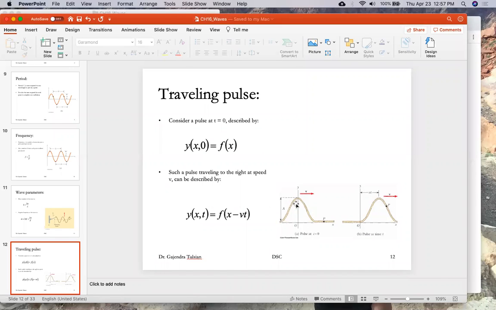So here's a function, and if you want to make the pulse travel to the right at a velocity v, all you do is replace x by x minus vt. If you want to make the pulse travel to the left at velocity v, you replace x by x plus vt. Okay. So x minus vt is a pulse traveling to the right, and x plus vt is a pulse traveling to the left.